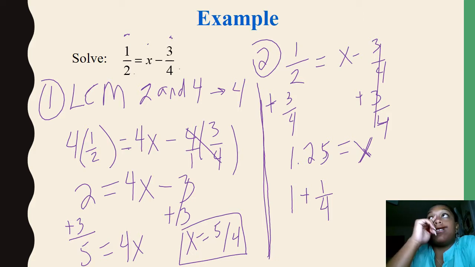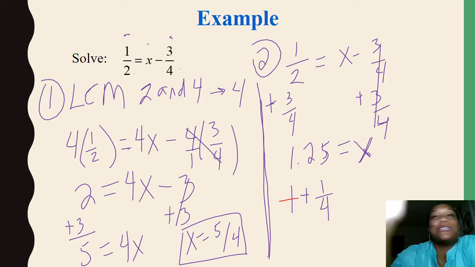And we talked about in previous math classes how if I have two numbers that are being added together, they have to have a common denominator. So this guy right here, we're going to kind of cheat and make it into a fraction because anything divided by itself is 1. So if I have 1 over 1, what would be the least common multiple between 1 and 4? Well, that would be 4. So I can multiply the top and the bottom by 4 because with fractions, you have to maintain the balance.